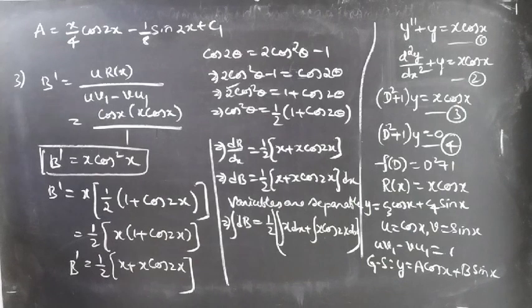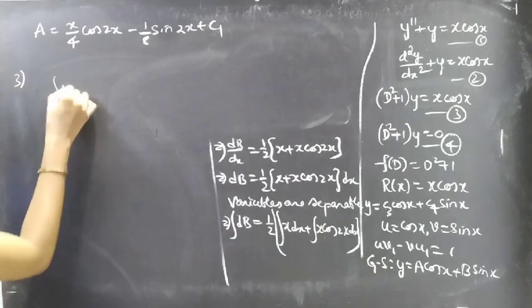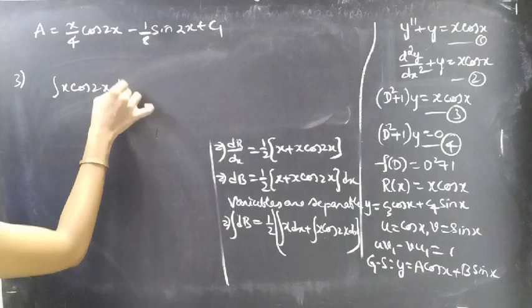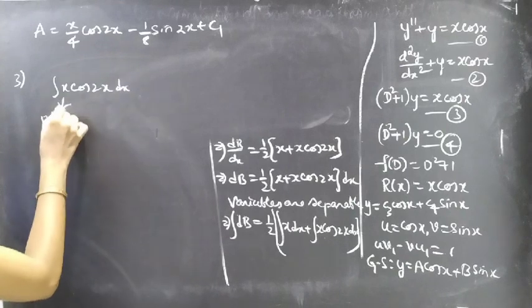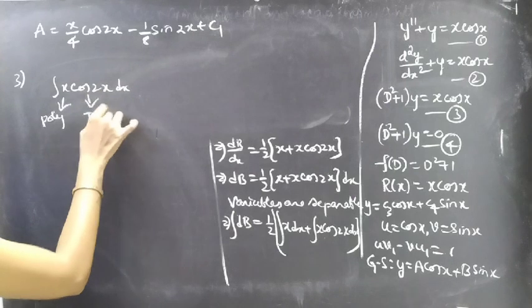Let's apply the integration by parts formula to evaluate integral x cos 2x dx. We'll find it separately for our convenience in order to avoid mistakes. Integral x cos 2x dx. Here the integrand is of the form product of a polynomial and a trigonometric function.